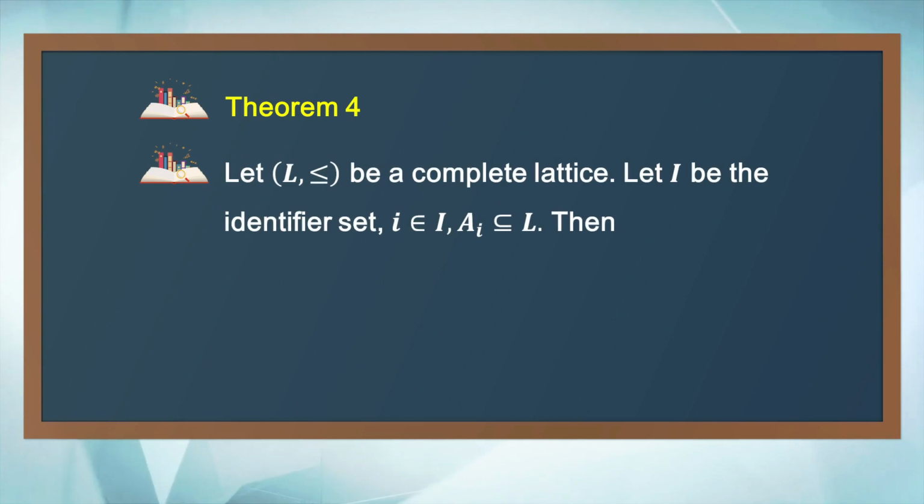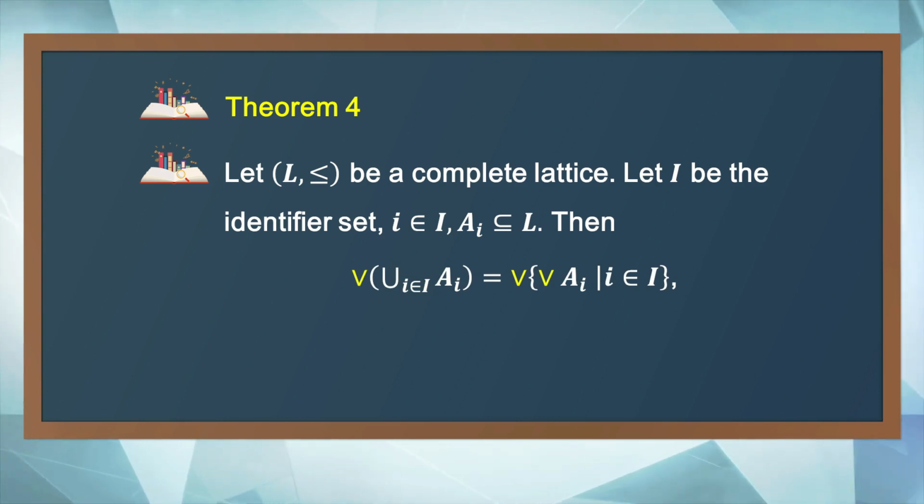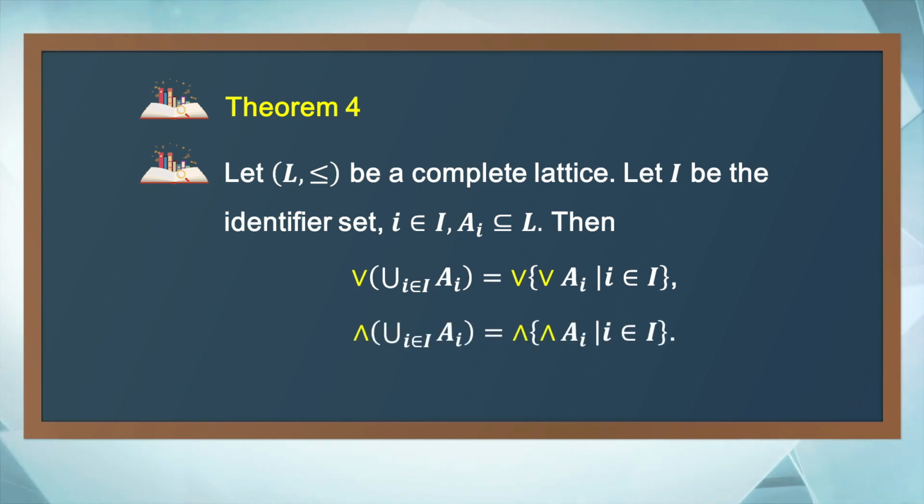Suppose this is a complete lattice. Let I be the identifier set. A sub I is a subset of L for all I. Then the supremum of the unions equals the supremum of these supremums. The infimum of the unions equals the infimum of these infimums.